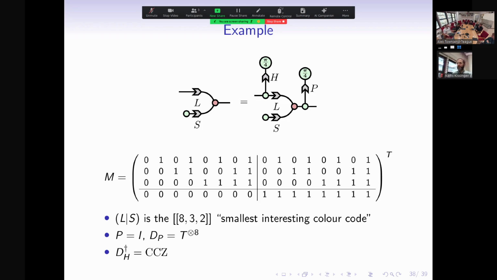If you have a transversal CZ, for example, you can measure just physically the CZ, and you will have measured the logical CZ. But I don't know if it's a sufficient or necessary condition to have a transversal Clifford.